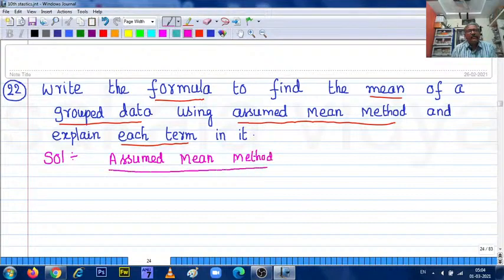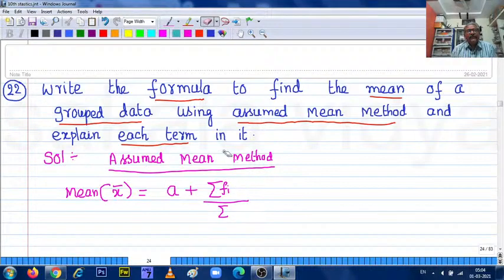In the assumed mean method, the mean x bar is given by a plus summation fi di upon summation fi, that is, sigma fi di over sigma fi. Now we need to discuss each letter involved: what is meant by a, what is meant by fi, and what is meant by di. So that we need to write.